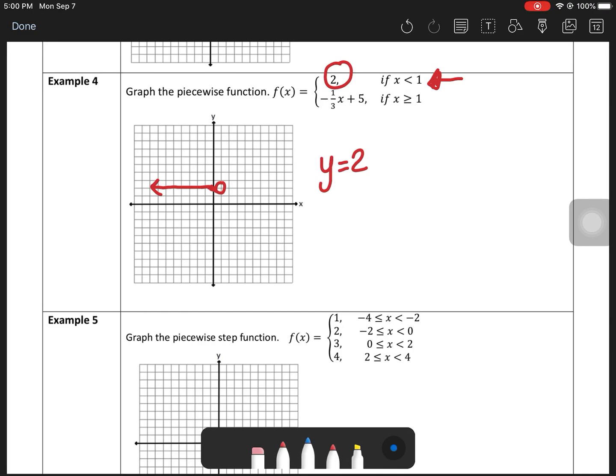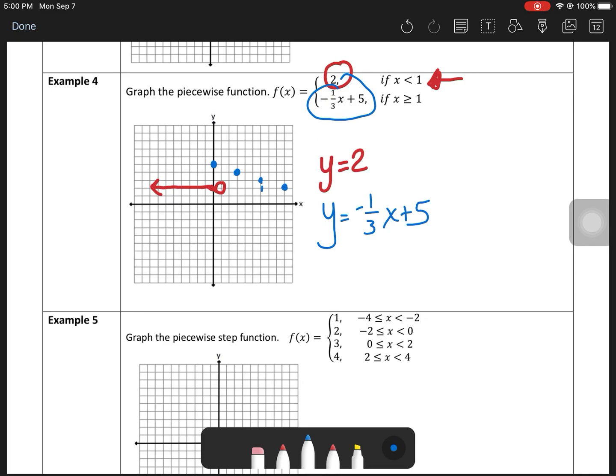The next part of the piecewise function, y equals negative 1/3 x plus 5. So we have a y-intercept of 5, and it's going down 1 and over 3, down 1 over 3, down 1 and over 3.